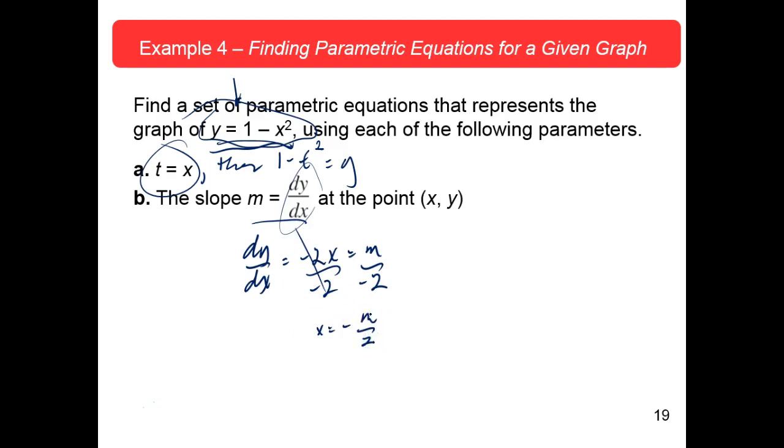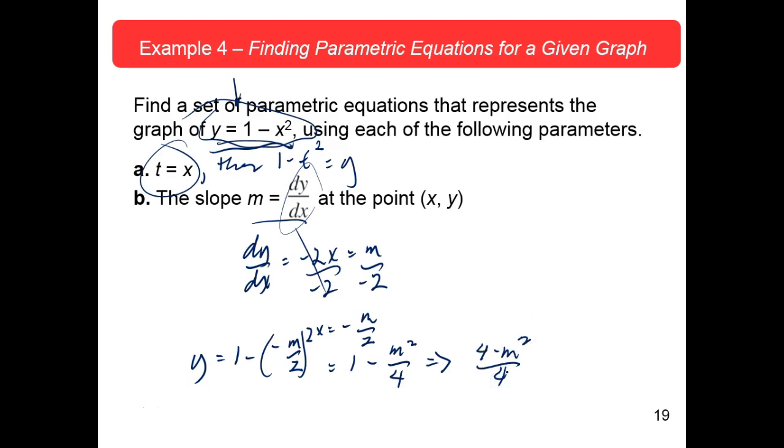Okay? And let's plug that into your y. Now you can plug in, y is equal to 1 minus negative m over 2 squared, which would be 1 minus m squared over 4, which would then result in 4 minus m squared over 4.